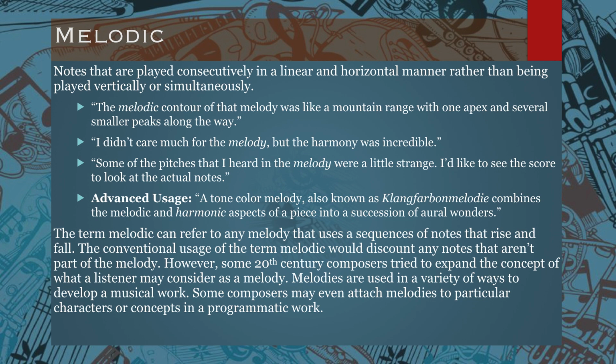A tone color melody, also known as Klangfarben melody, combines the melodic and harmonic aspects of a piece into a succession of aural wonders. So this is something that Arnold Schoenberg did. He took what could be considered harmony and he basically created clusters of varying levels of dissonant sounding chords.